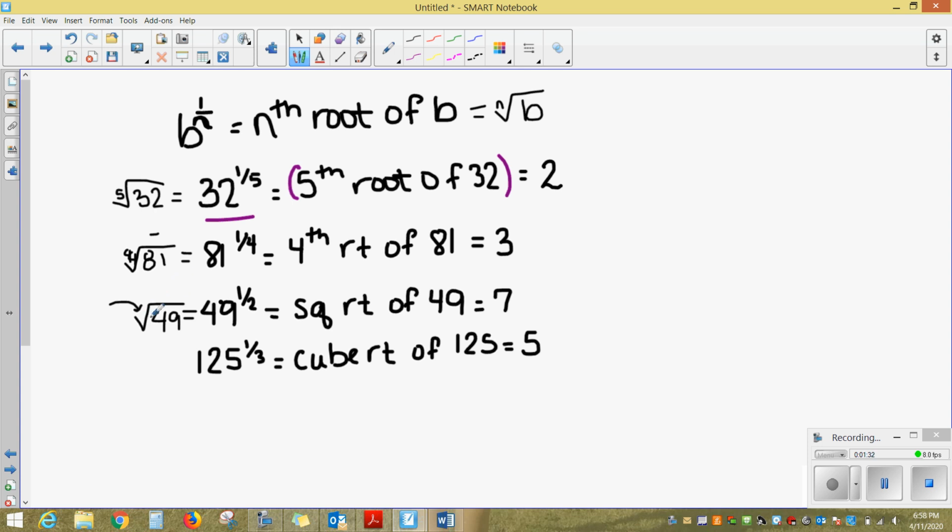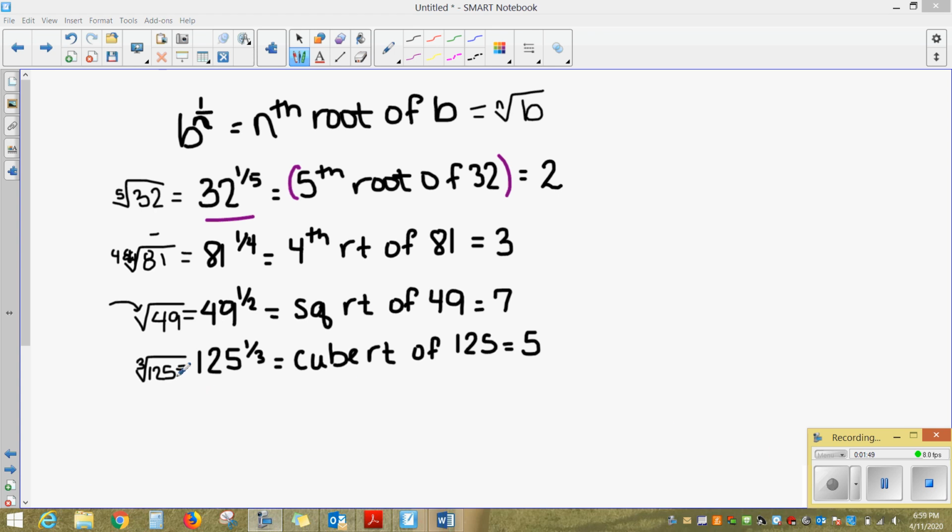If nothing's written there, it's understood to be a 2. But if it's any other root other than a 2, I have to put what root I'm talking about there.